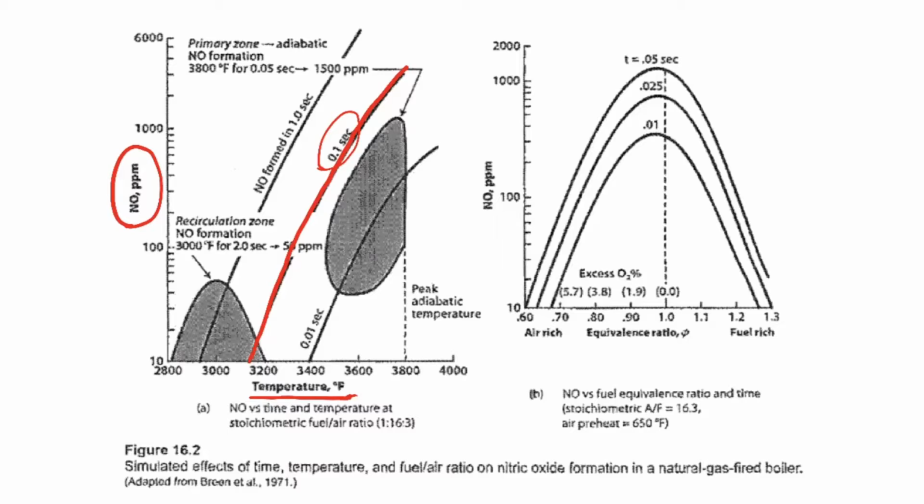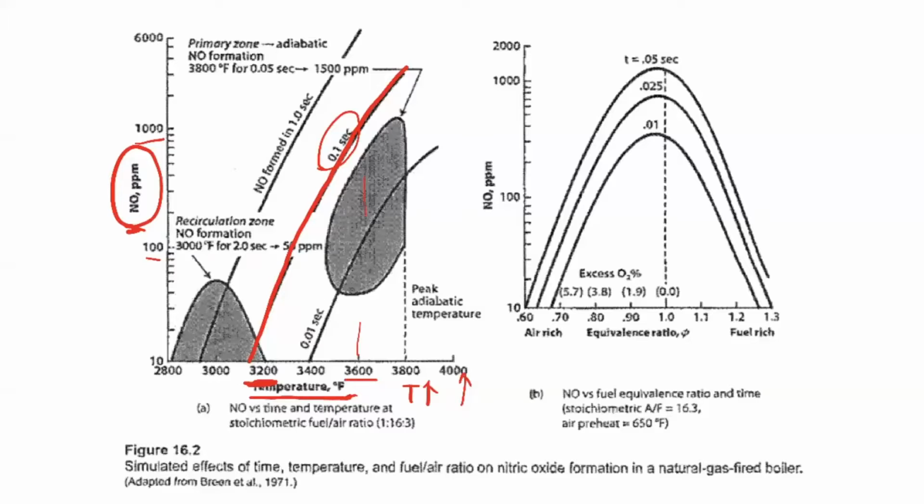Okay, so what you can find out is that if the temperature increases, then the nitrogen monoxide concentration will also increase, and actually it increased very rapidly. This is shown in log scale, right? You see that from 3200 Fahrenheit to 3600 Fahrenheit, the concentration of the NOx increased by 100 times.